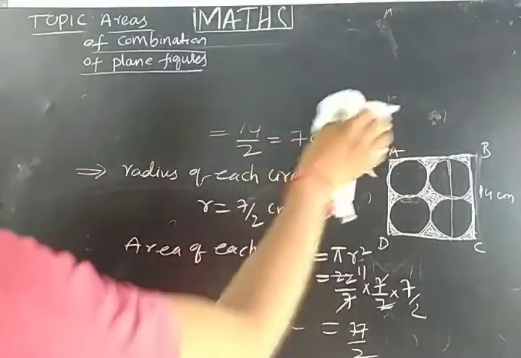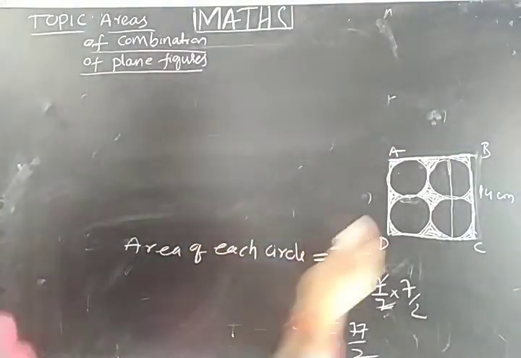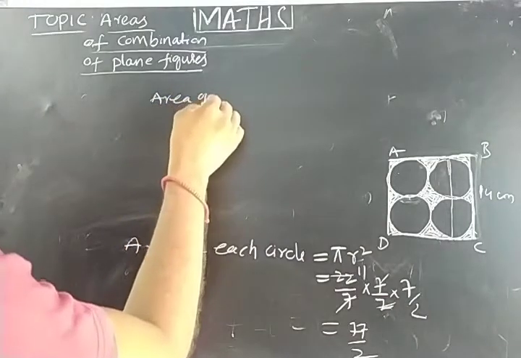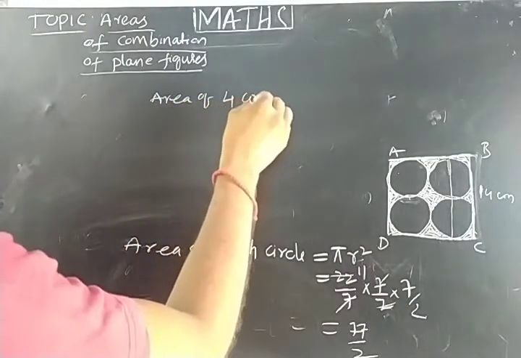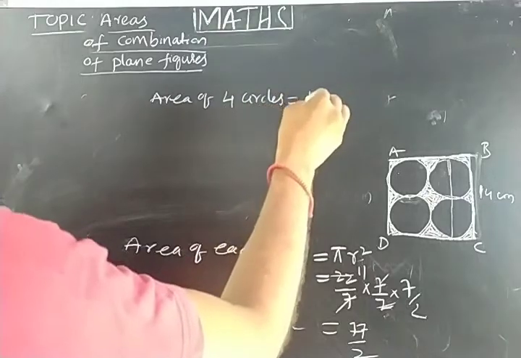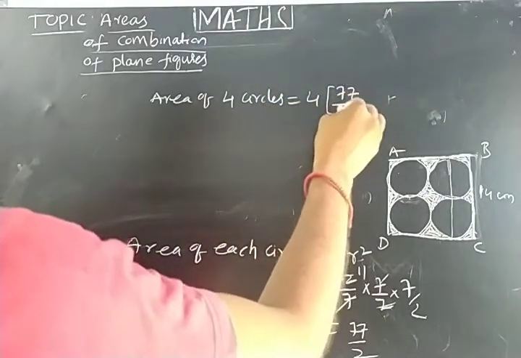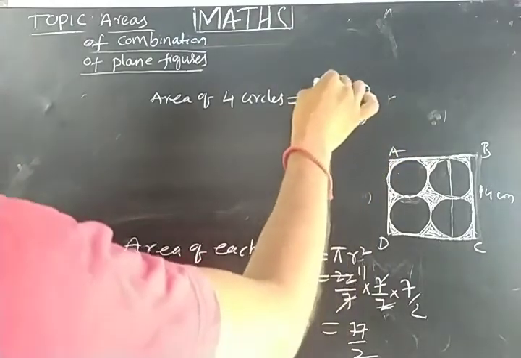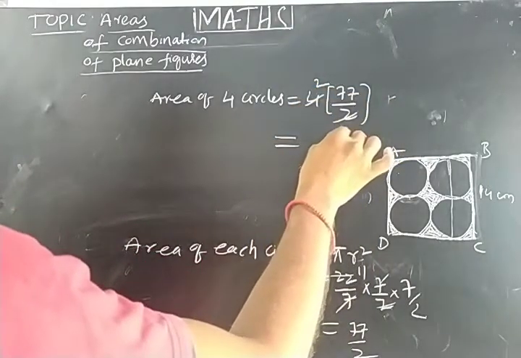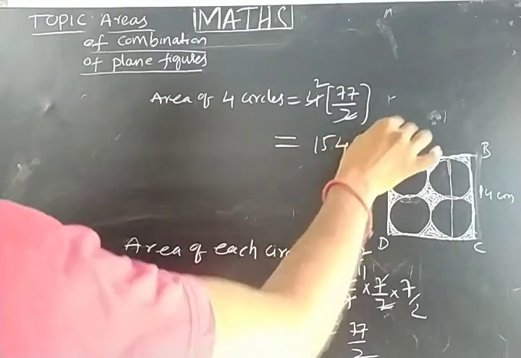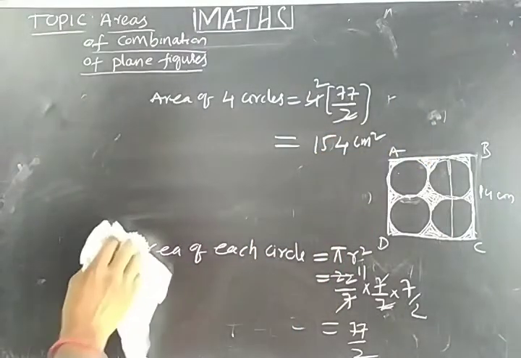Now, how many circles exist in this? 4 circles. Now area of 4 circles is equal to 4 into 77 by 2, which is 154 centimeter square. This is the sum of the 4 circles' area.